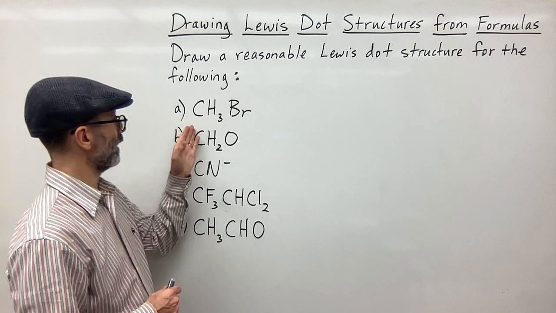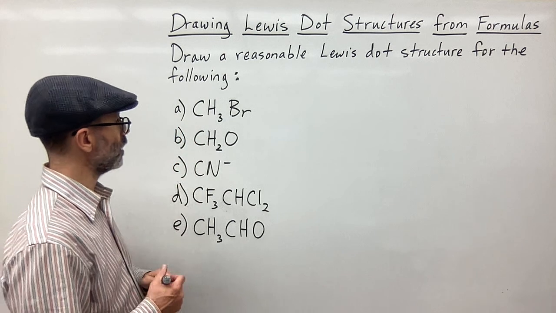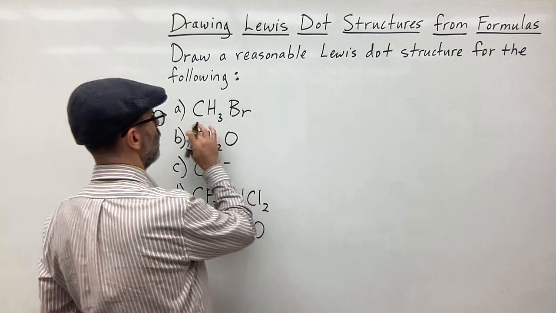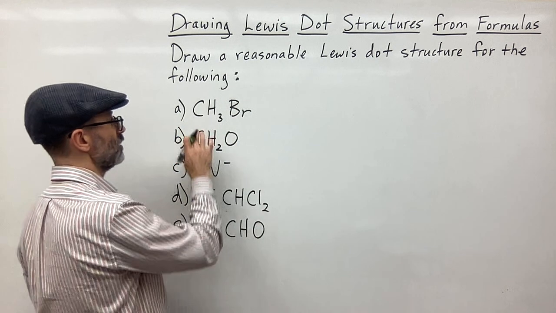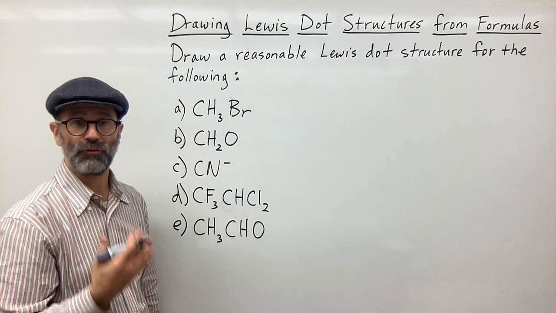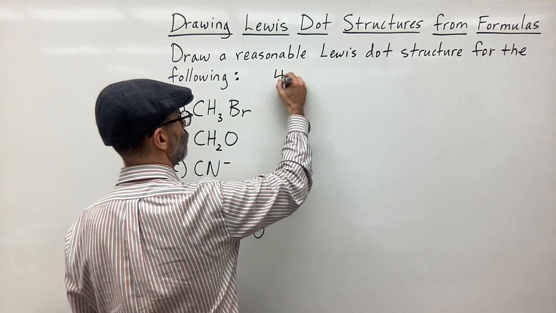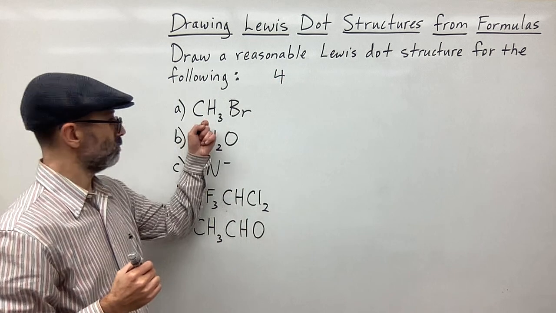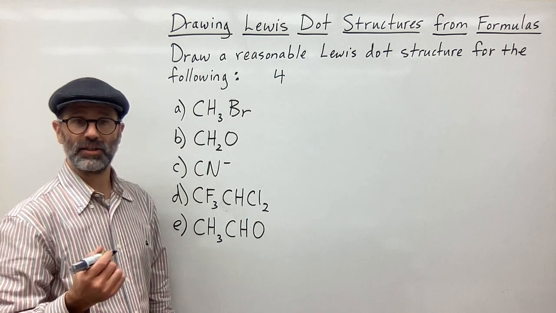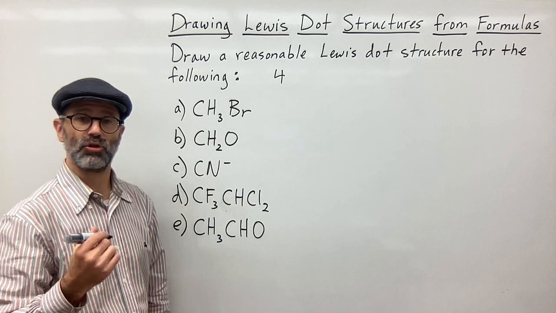So if we start with CH3Br, we are going to total up the number of valence electrons. Carbon is in group 4A, so it has 4 valence electrons. So we're going to add 4. Hydrogen has 1 valence electron each because it's in group 1A.